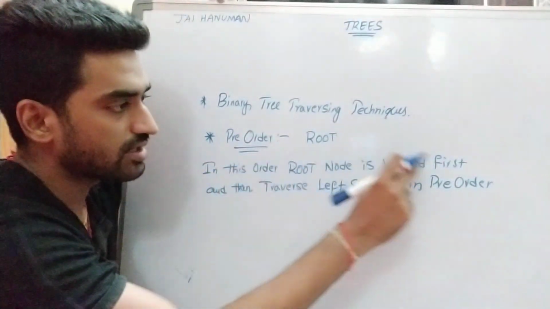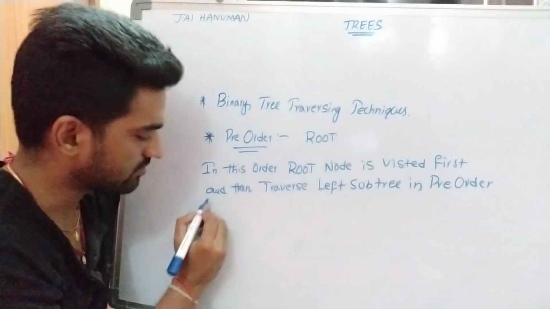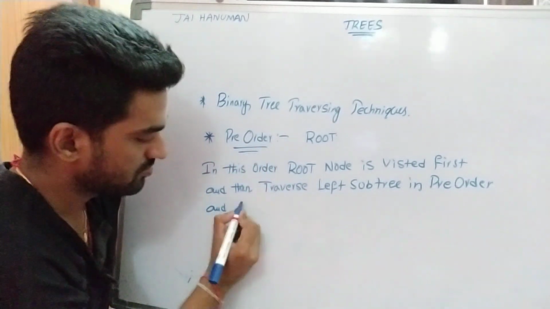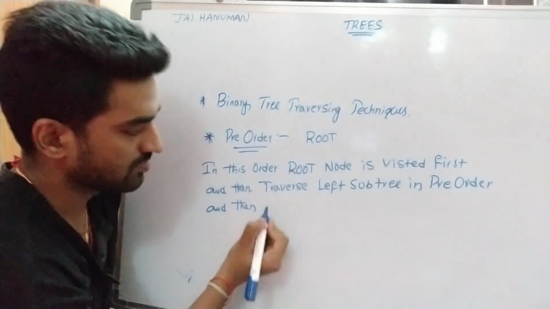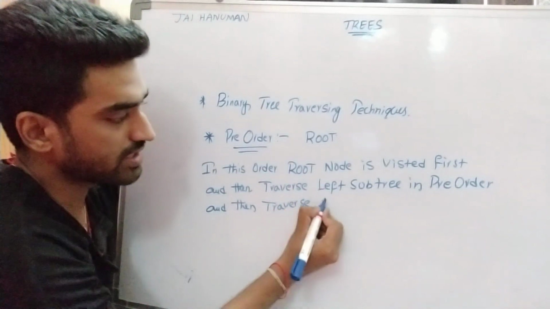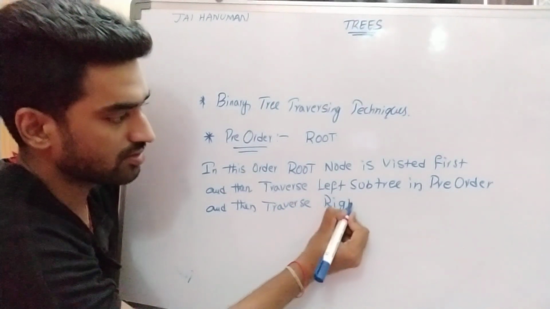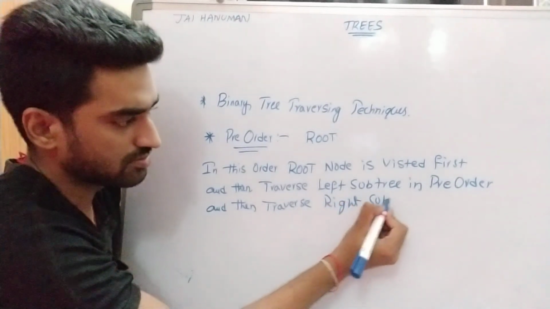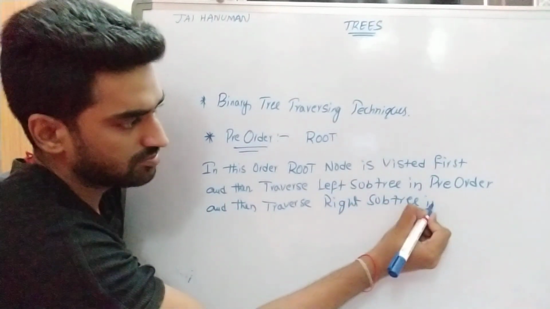After visiting the left subtree in pre-order, we then traverse the right subtree in pre-order.